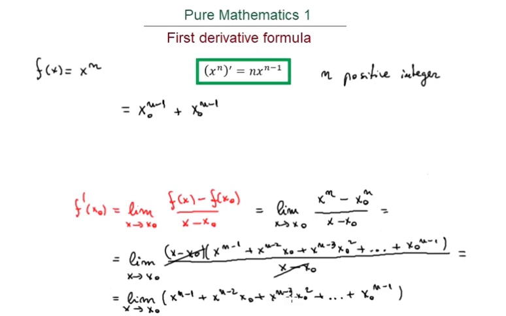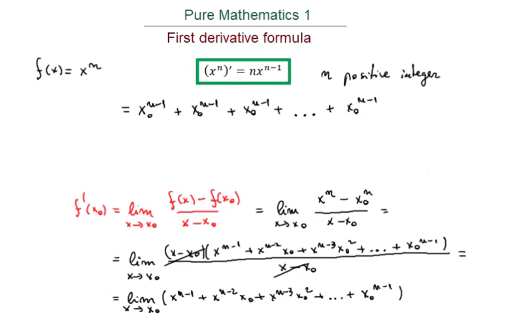X to the power of n minus 3 when x tends to x0 will be x0 to the power of n minus 3. x0 to the power of n minus 3 times x0 squared will be again x0 to the power of n minus 1. Plus all the terms, they become x0 to the power of n minus 1.